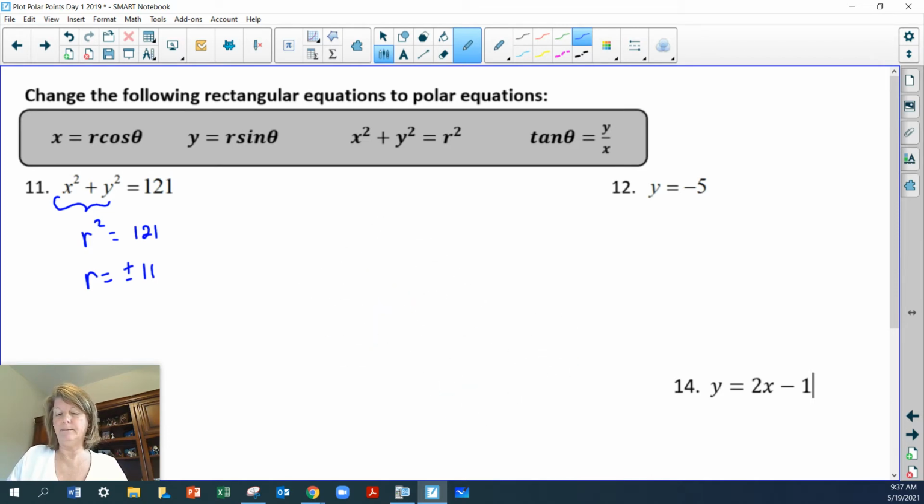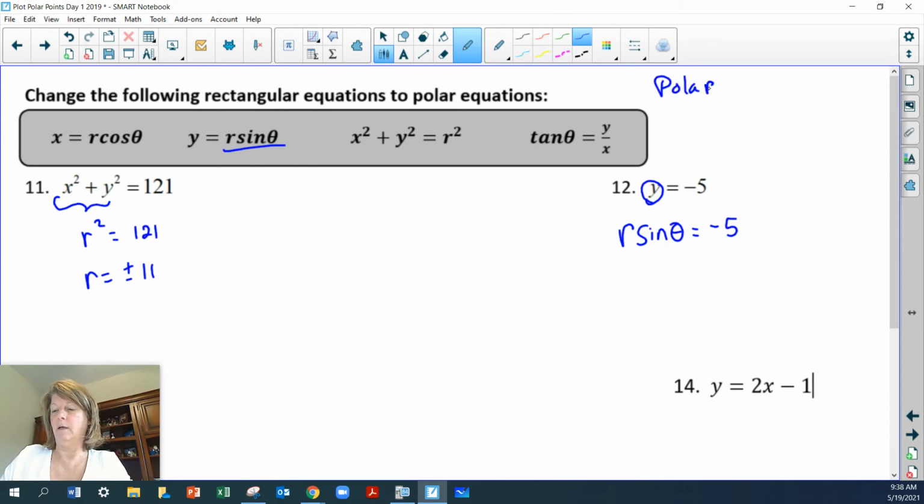Plus and minus r. Okay, y equals -5. We want a horizontal line here. Well, let's replace y with r sine theta. Hey, at least I'm into r's and sine thetas. Now, most of the time in rectangular, we like to have y equals equations. So in polar, we like to have r equals equations.